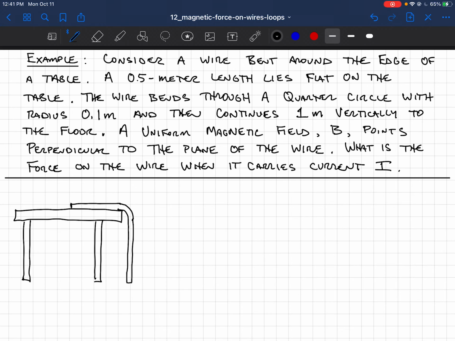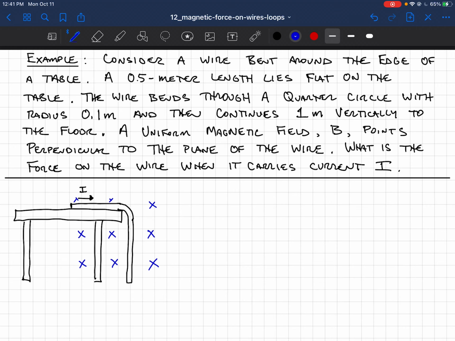And it's a current carrying wire, so we'll just assume that there's a current that goes like this. So somehow those two ends are connected. And then the magnetic field is perpendicular to that whole thing. So maybe let's just assume that the magnetic field points into the page and that it's uniform. So the magnetic field is everywhere uniform, like this.